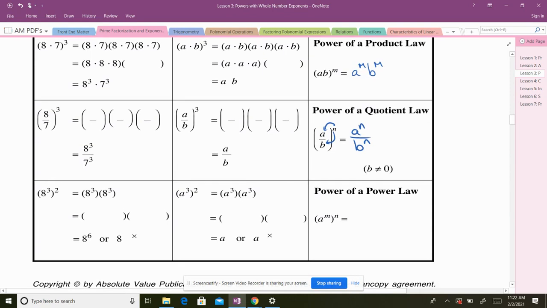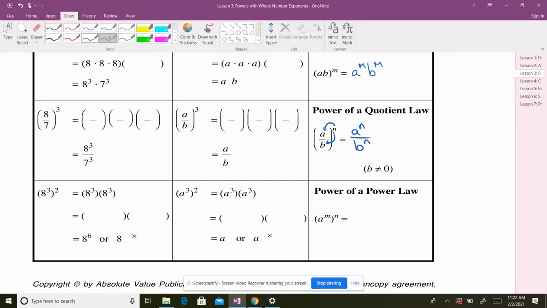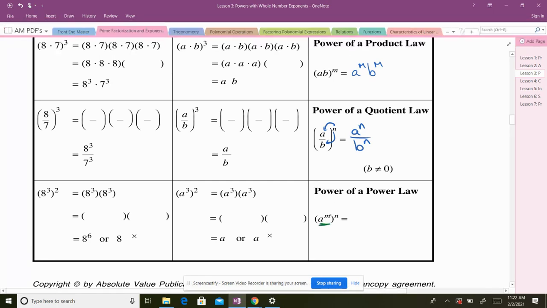And then the final one is called the power of a power law. If you have something in brackets raised to an exponent that's raised to another exponent, you multiply the exponents.